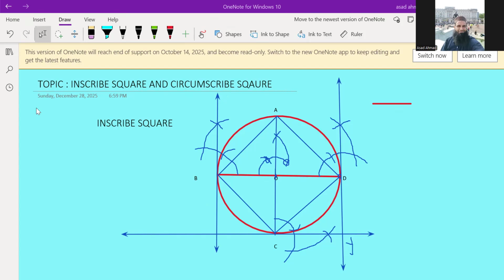Finally, the same process is done at vertex A, and it is only possible if you complete the 90-degree angle at point A as well. So by making 90-degree angles at four corners, you will get another square.